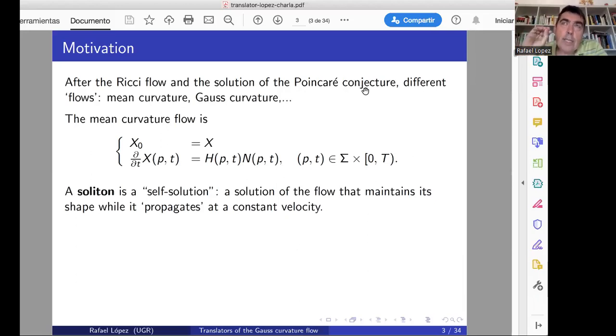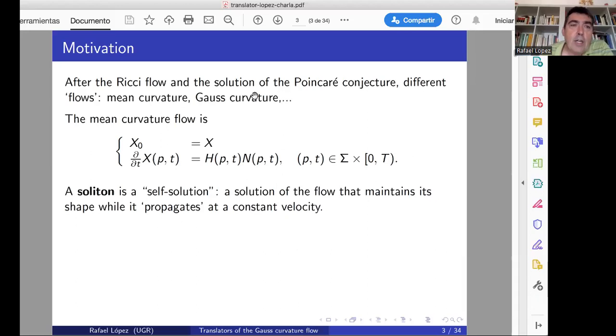But he considered on the problem a metric and curvature. And then he considered the evolution, in some sense, of the surfaces of the manifold along the time. And the idea is what topological properties are preserved or not, okay?